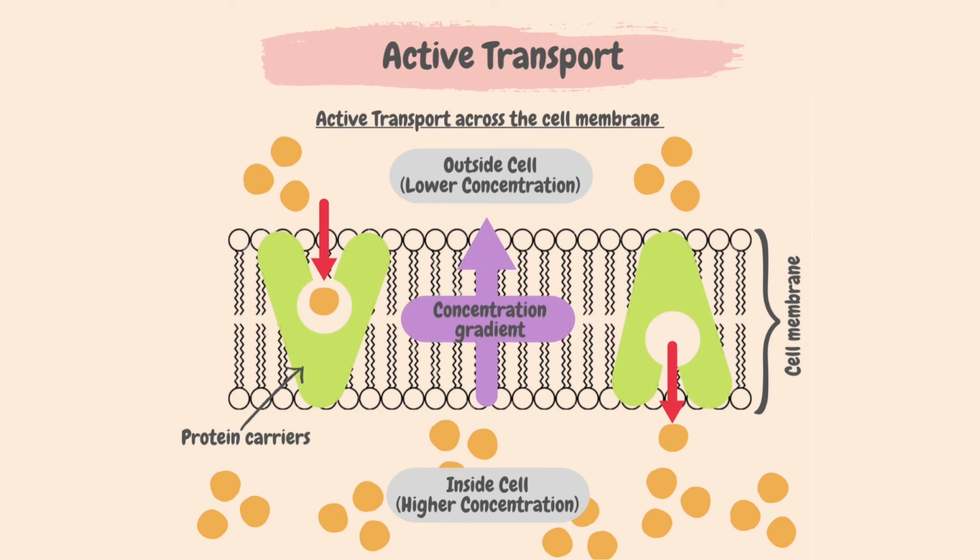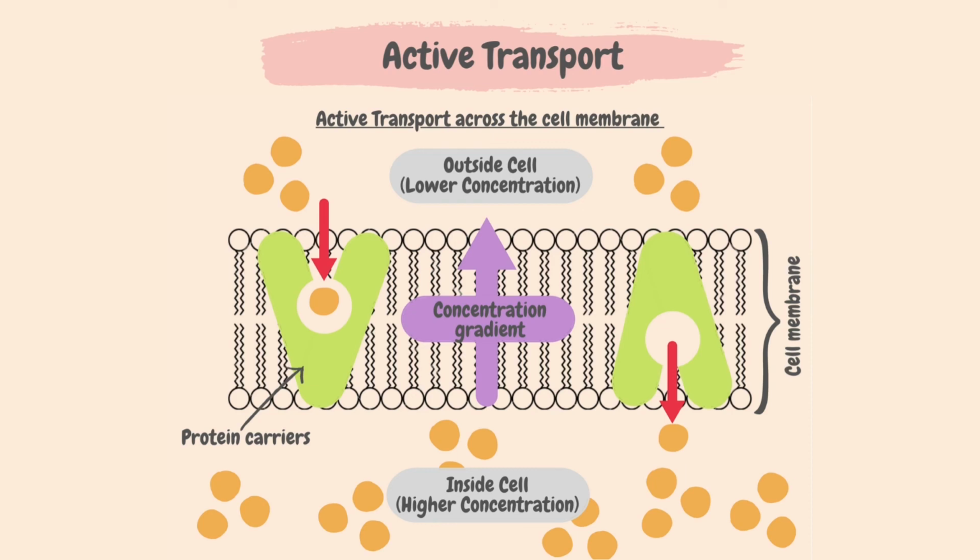In the cell membranes of all cells, there are certain embedded protein molecules or protein carriers that carry out this process. The protein captures the molecules from one side of the cell and changes shape in a way to transport the captured molecules to the other side of the cell. Energy from respiration is required to alter the protein shape.